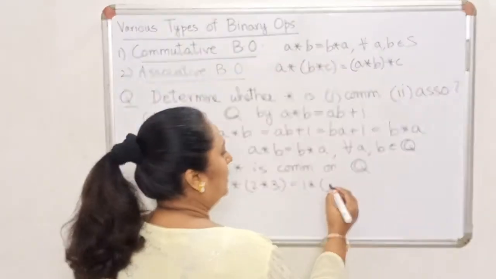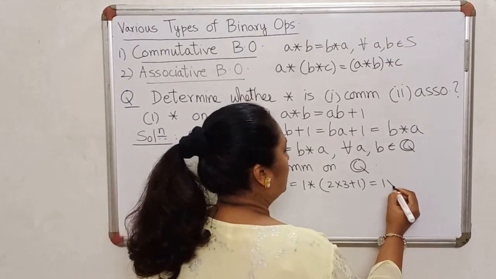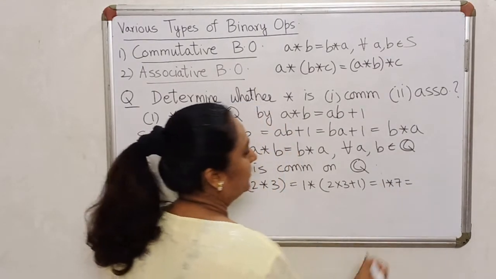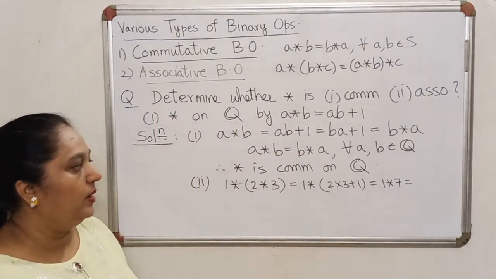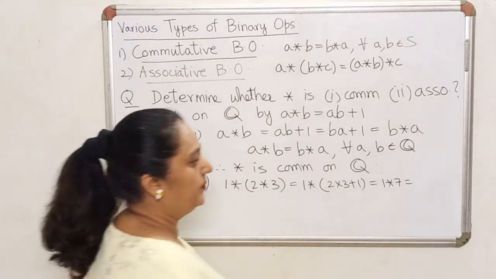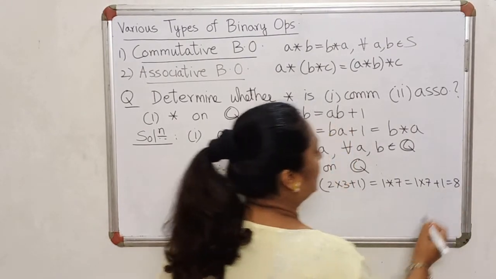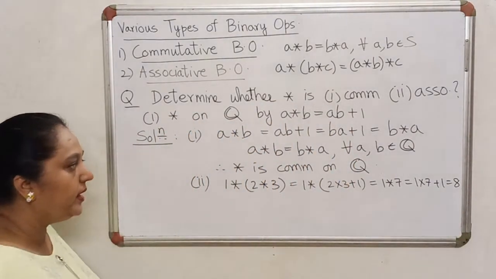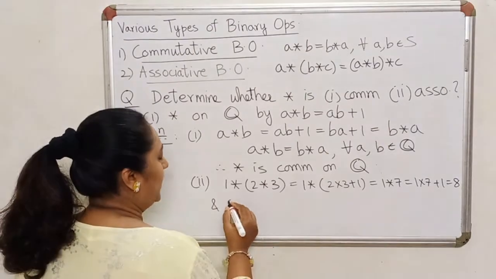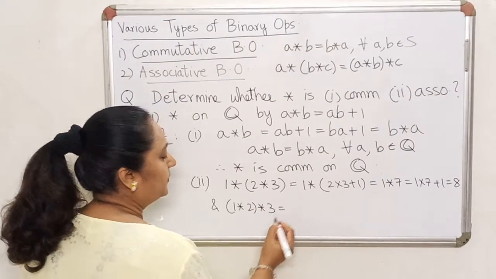So this will be 2 into 3 plus 1. So this is 1 star 7. And 1 star 7 will be 1 into 7 plus 1, which will be 8.